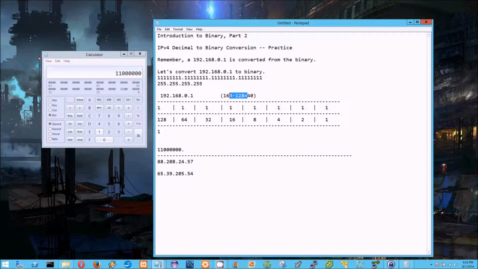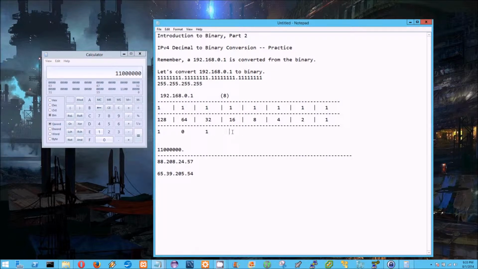So 40 is our new number. Is 40 greater than or equal to 64? No, it's not. Moving on. Is 40 greater than or equal to 32? Yes, it is. Set the bit, and subtract again, and you get 8. So 8 is our new number.